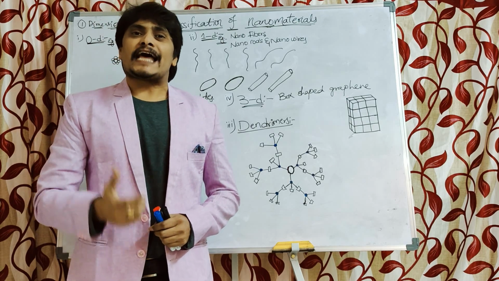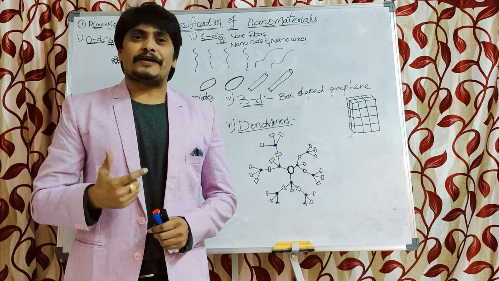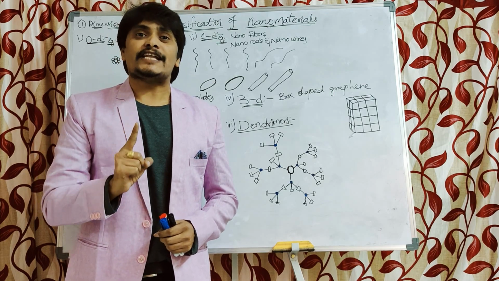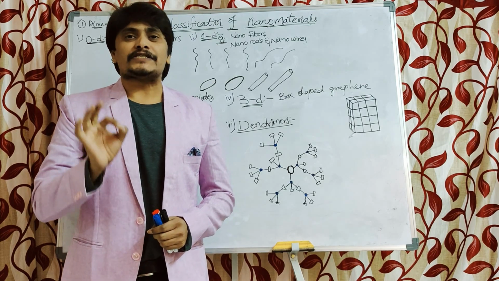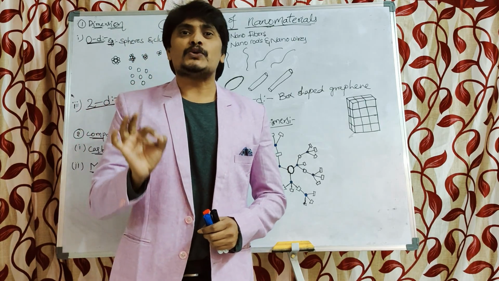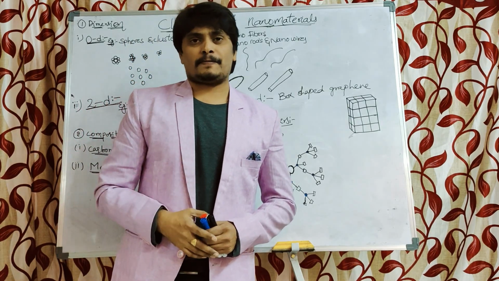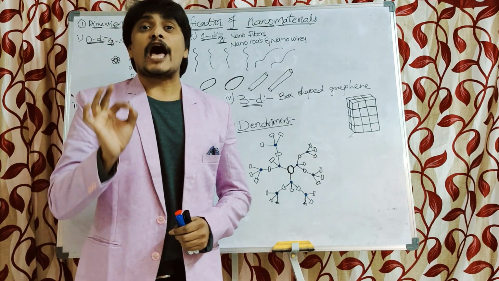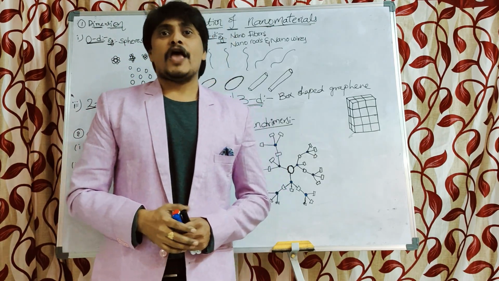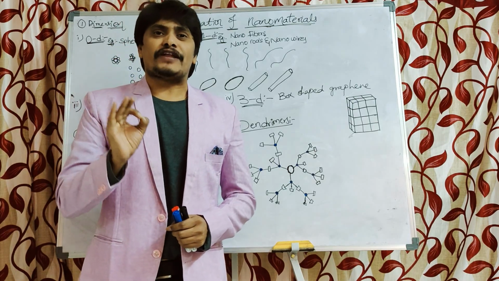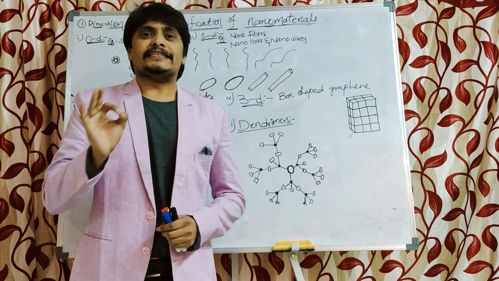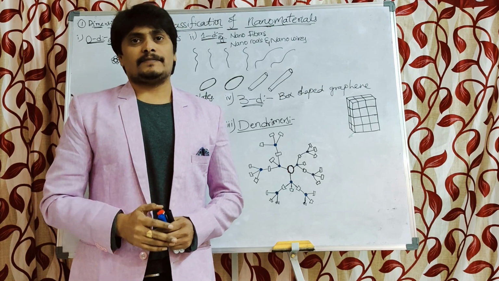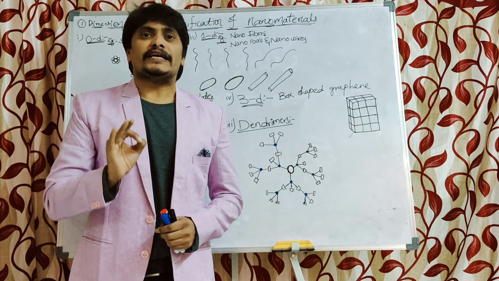Now, in order to understand the classification of the nanomaterials based upon the dimension, you have to understand what nanoscale is, students. Nanoscale means 1 to 100 nanometers. Based upon the definition of the nanomaterials and the nanoscale, I am going to classify the nanomaterials based upon the dimension.